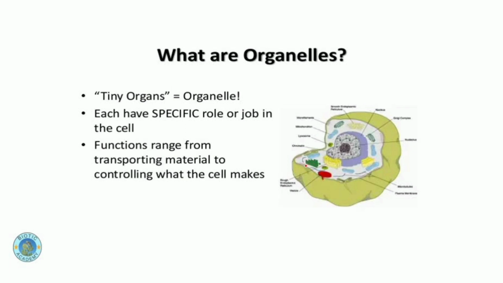Mitochondria, Golgi apparatus, endoplasmic reticulum, ribosome, these are the different organelles which have their specific jobs, and the proper functioning of these organelles brings about a collective function of the cell. Altogether, the function performed by an individual cell is the outcome of the functions performed by different organelles within the cell. So I hope this is clear to you.